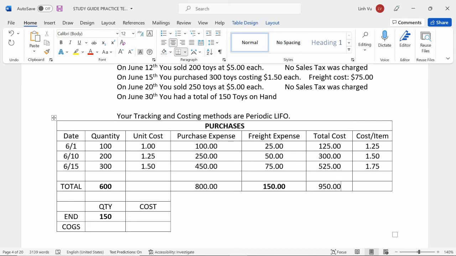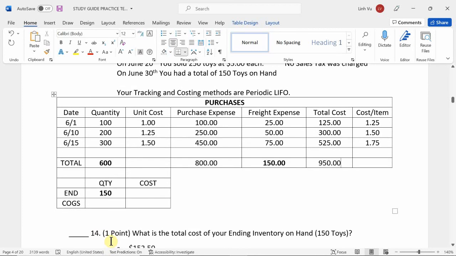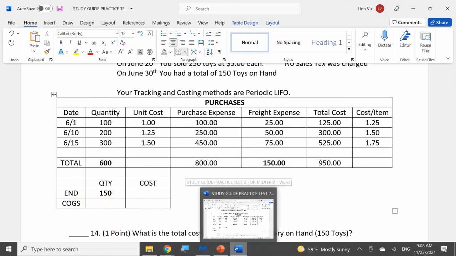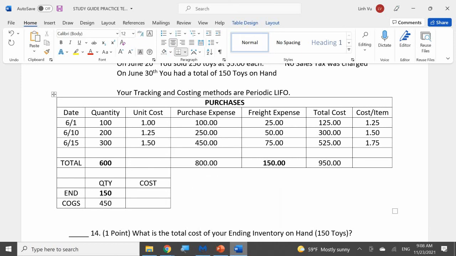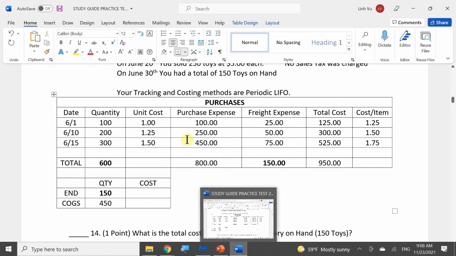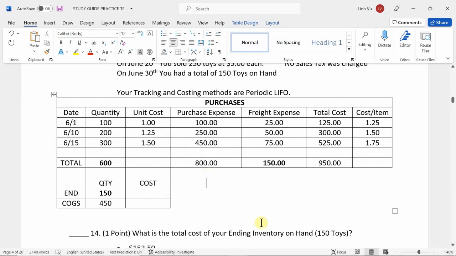Now that we know our ending balance is 150, our assumption is we had 600 and now only have 150 left, so we must have sold 450.